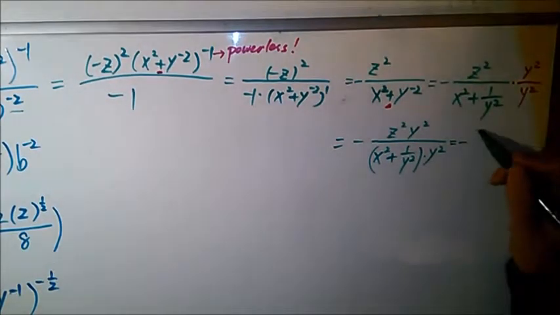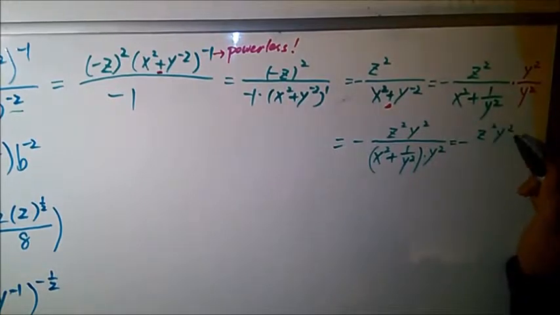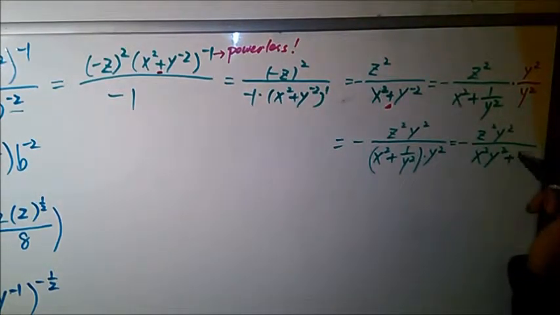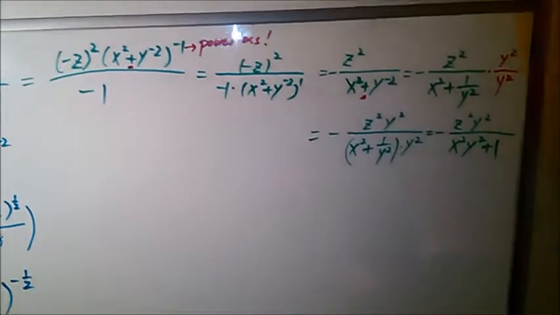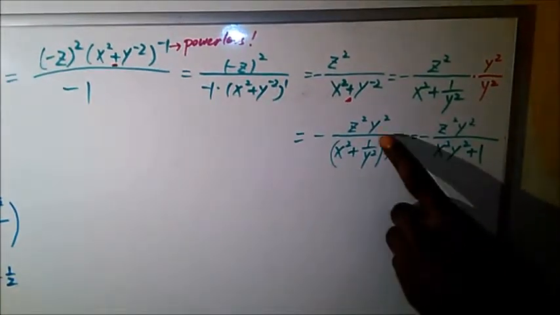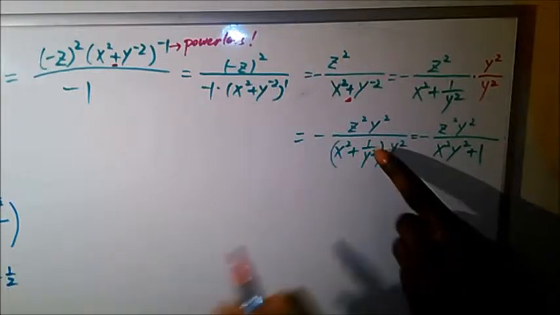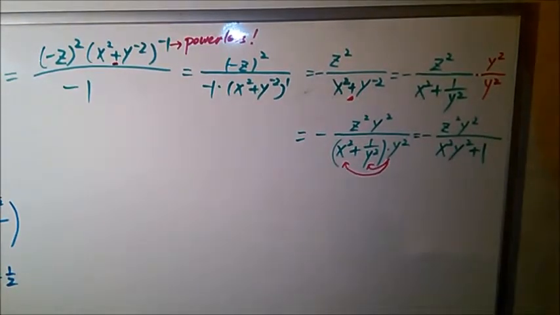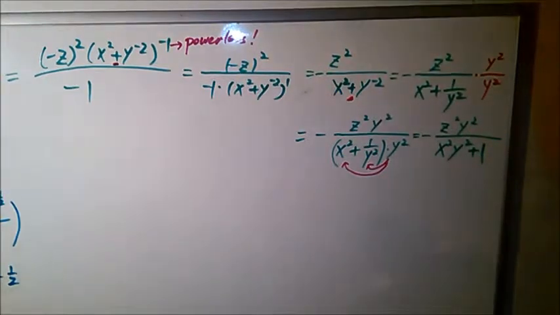And we're going to get x squared times y squared. Okay, and then y squared distributed into this one will be y squared over y squared. And y squared divided by y squared is 1. So we'll have x squared times y squared plus 1 on the numerator.